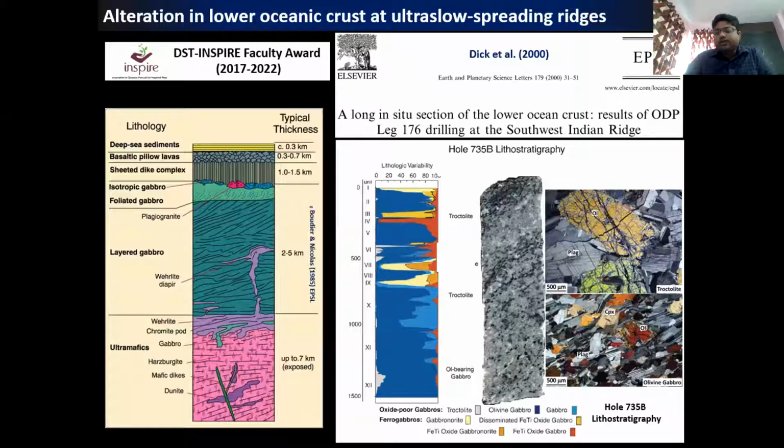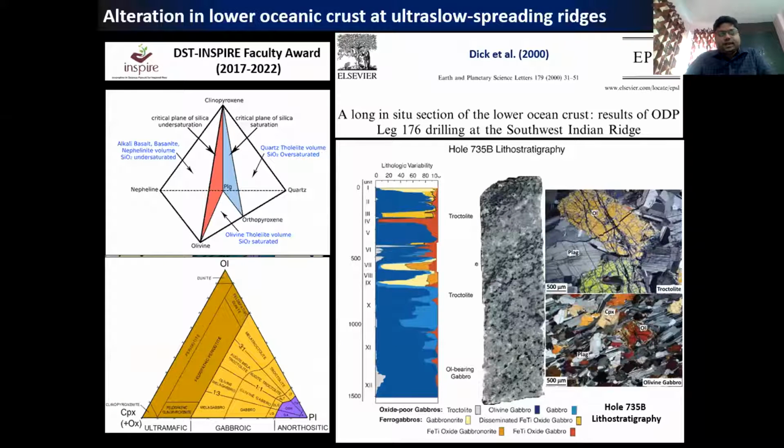So olivine-bearing gabbro is gabbro, normal plagioclase and clinopyroxene, along with olivine. And in troctolite, we have only plagioclase and olivine. Whereas in comparison, in slow spreading ridges and in fast spreading ridges, you will get the lower oceanic crust composed of simple gabbro. But in ultra-slow spreading ridges, it is olivine-bearing.